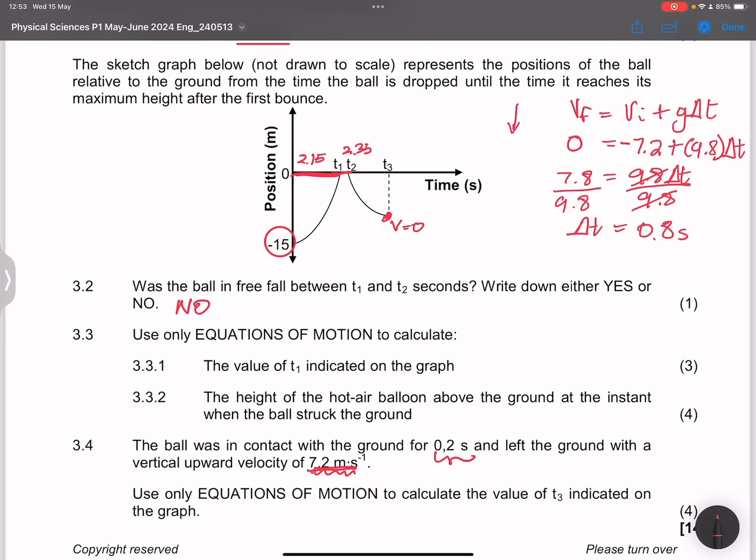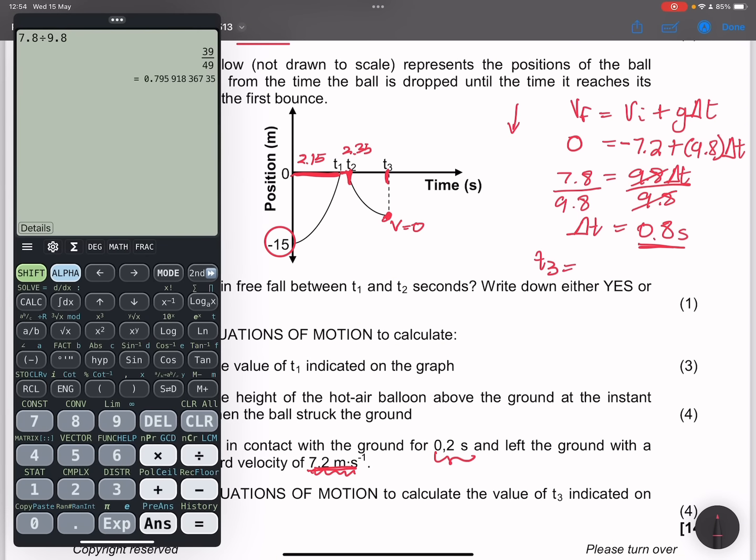Now we are going to add the 0.8, right? So from T2 to T3, that's 0.8, but we are adding it to 2.35. So T3 will be 2.35 plus 0.8, and so that becomes 3.15 seconds.